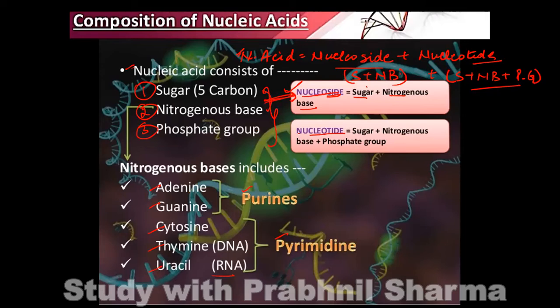These nitrogenous bases are again of two types, purines and pyrimidines. Purines are of two types, adenine and guanine, and pyrimidines are of three types, that is cytosine, thymine, and uracil.